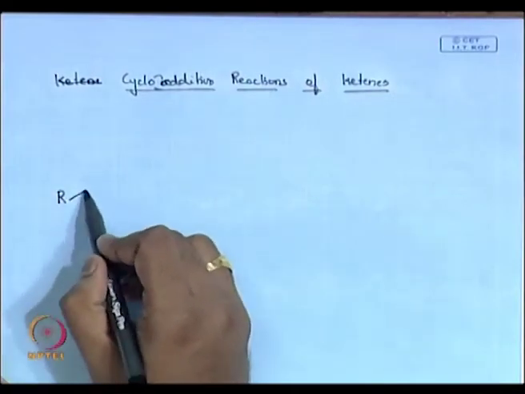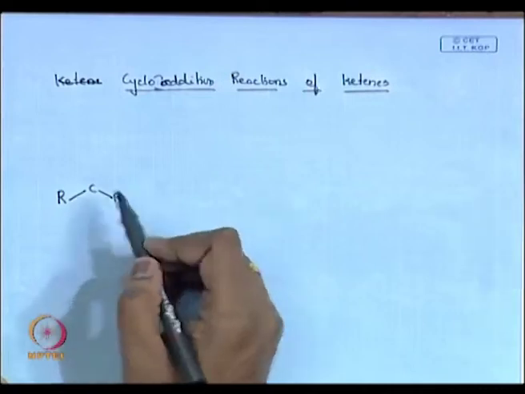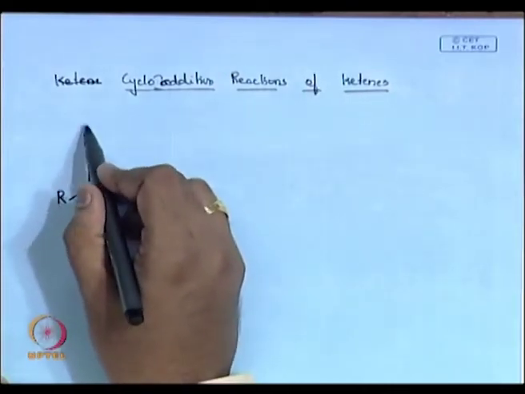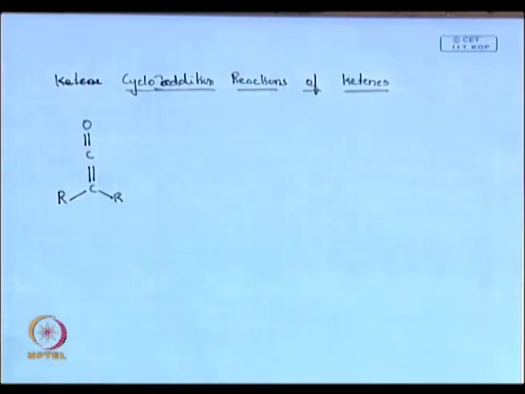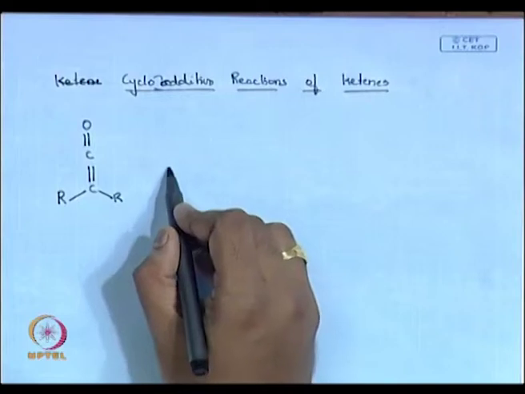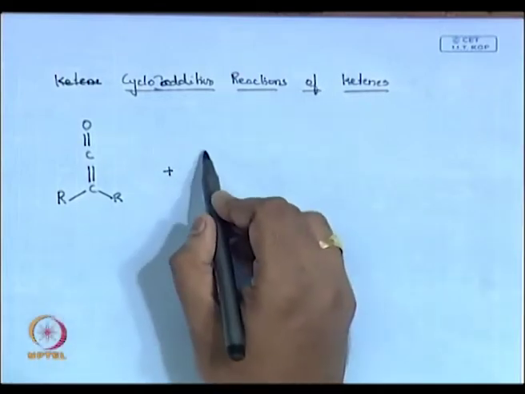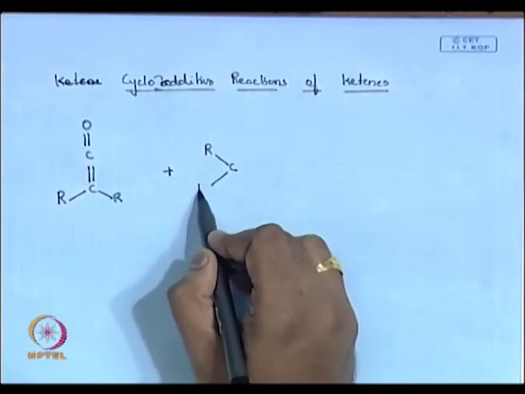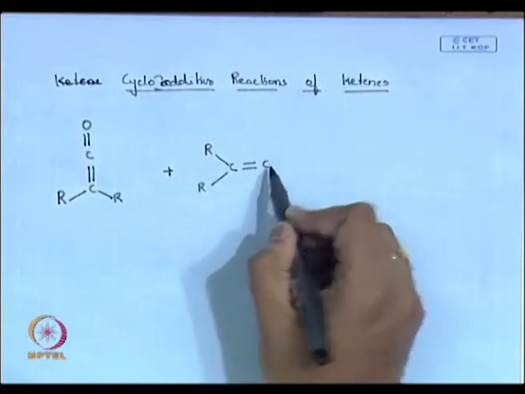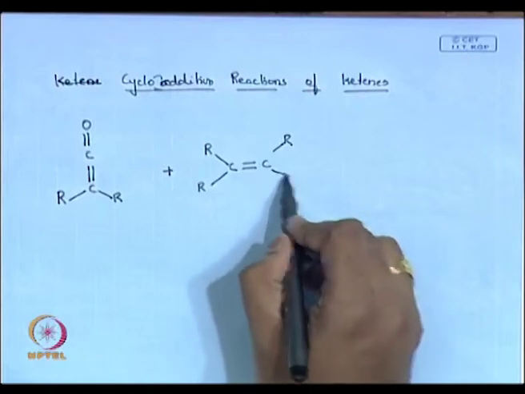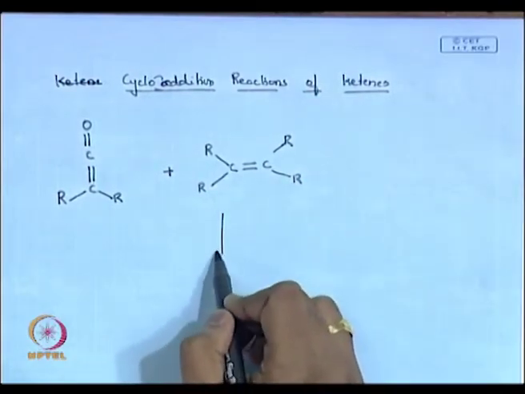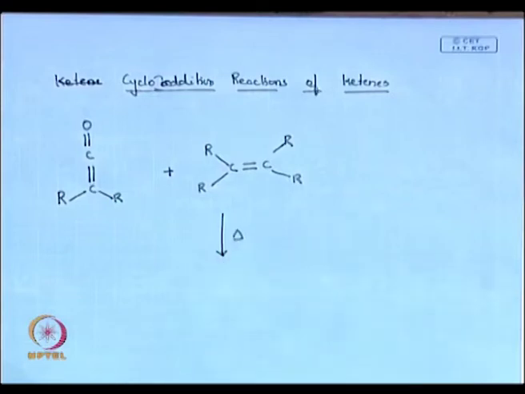You can take a nice type of ketene. Okay. Then you can take your alkene. For example, I am taking a much symmetrical type of alkene, and you just thermally activate this. Okay.